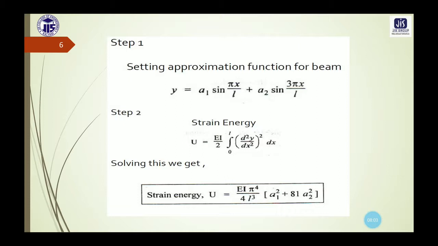So in case of this beam, it is a trigonometrical approximation function. The mathematical representation of this approximation function is y equals a1 sine pi x by l plus a2 sine 3 pi x by l. So this is the first step here.